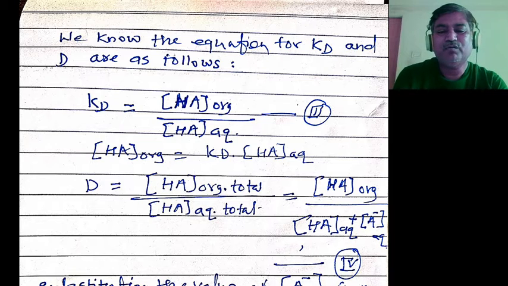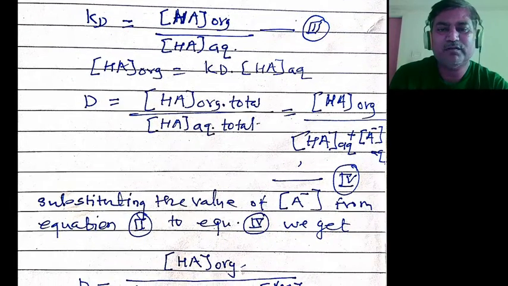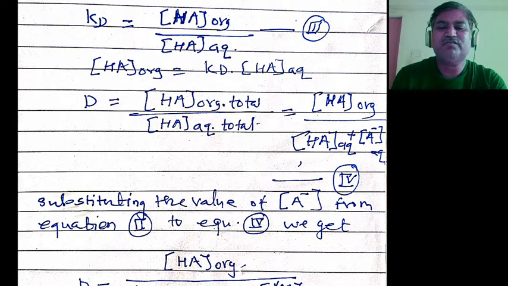Below, that is aqueous phase in total concentration, the equation becomes HA aqueous plus A minus in aqueous phase. This is the fourth equation. Okay, 3 and 4.